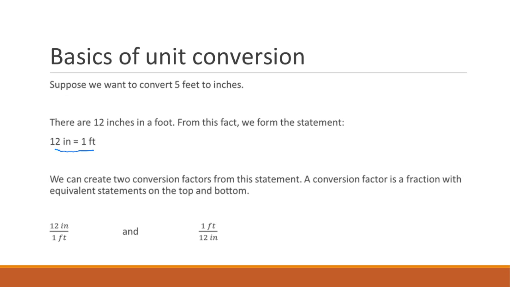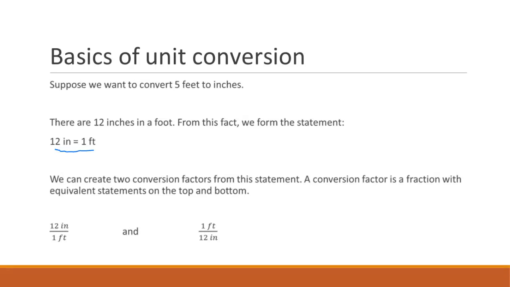The conversion factors that are equivalent are 12 inches over 1 foot and 1 foot over 12 inches. And you see here my definition that a conversion factor is a fraction with equivalent statements on the top and bottom. Because 12 inches is equal to 1 foot, this is equivalent. And because 1 foot is equal to 12 inches, that's equivalent.